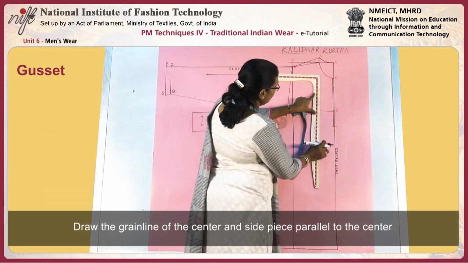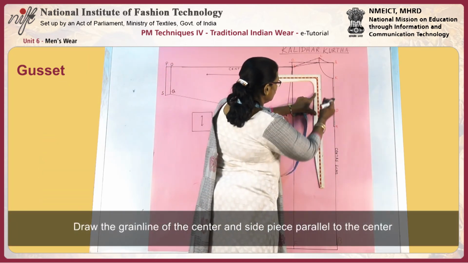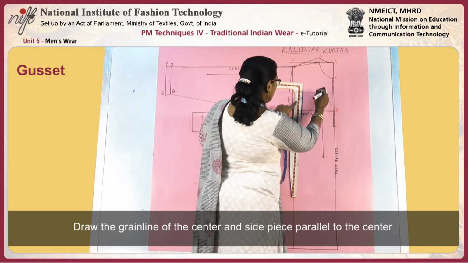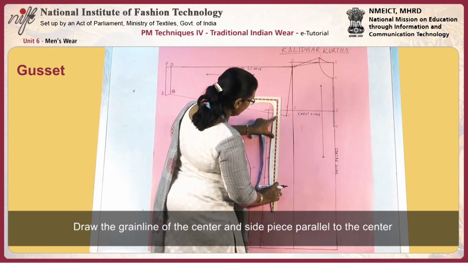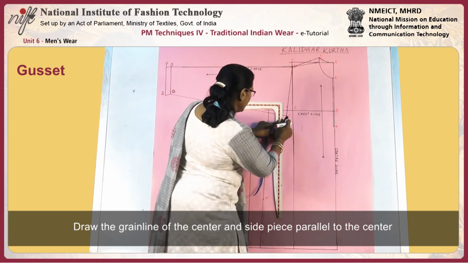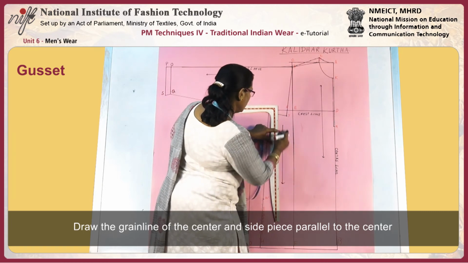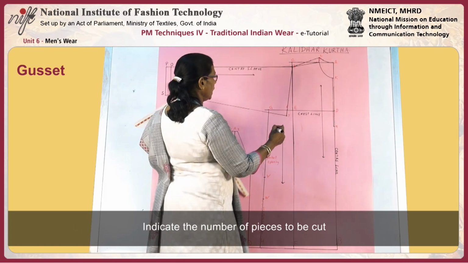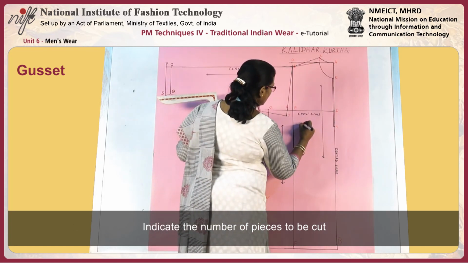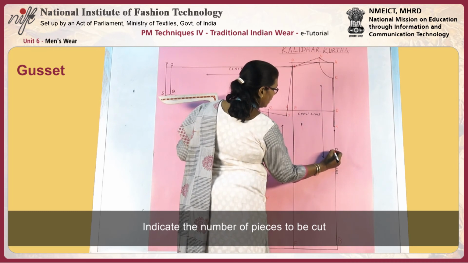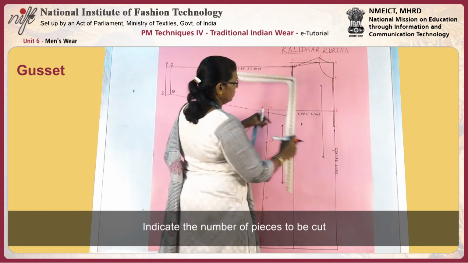The grain line of the center piece should be parallel to the center, and the grain line of the side piece is also parallel to the center. And here we must cut the front on fold. Front and back should be on fold.